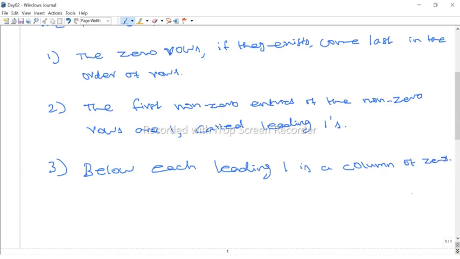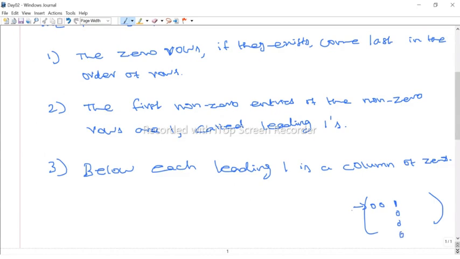Suppose we have a matrix, and you have scanned the first row. Suppose everything is 0, and we get some non-zero entry here, that should be 1. That is the second condition. And once you find the non-zero entry, all the entries in the column below it should be 0. That is the third condition.